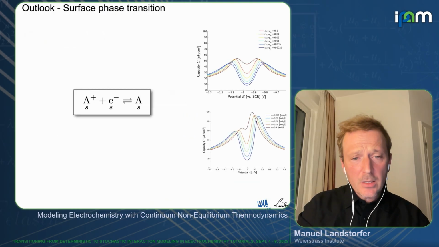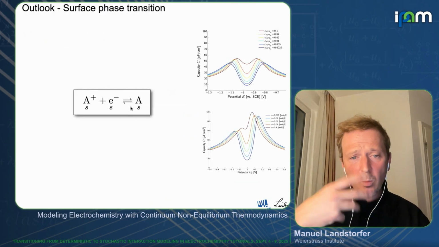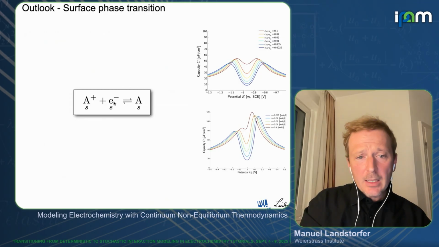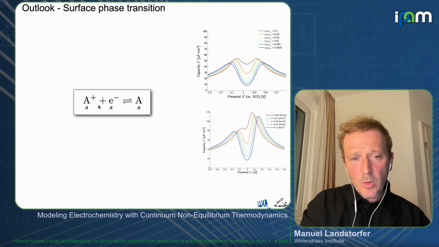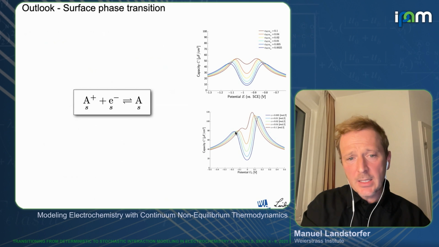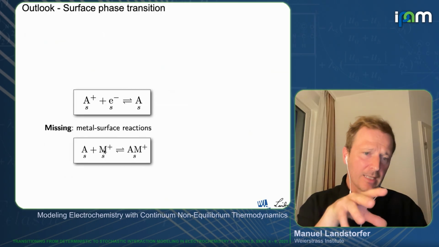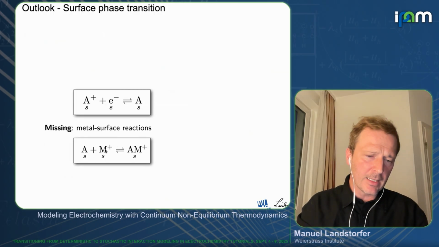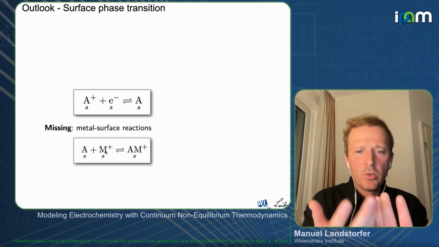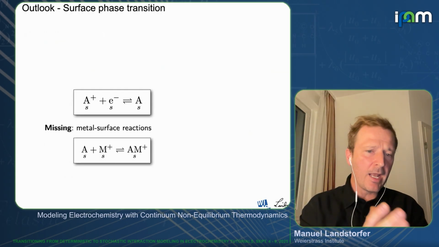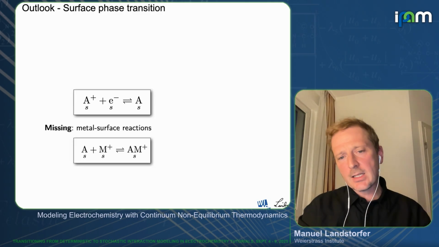Maybe one more thing here to give you a feeling of what this means. So I already told you that we can have adsorption of some surface species here. But what is yet open is when you have a surface species which can adsorb on the surface, forming with a metal ion on the surface a new surface species like adsorbed H or surface oxides and so on.